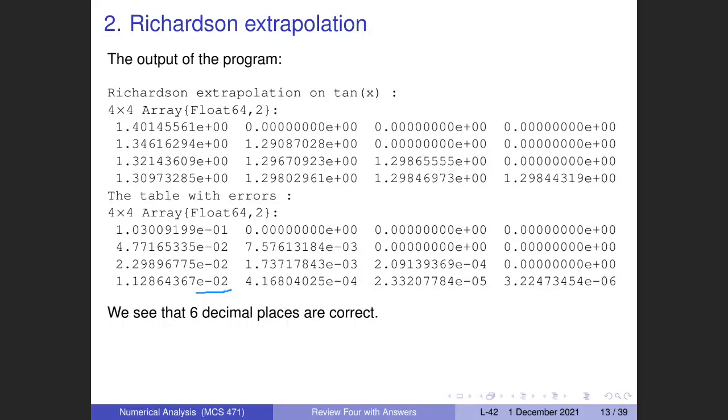If you do not compute the table of errors, but you reason with the order of the forward differences, and with Richardson extrapolation, there is a Taylor series expansion in h. So each time we eliminate one order.